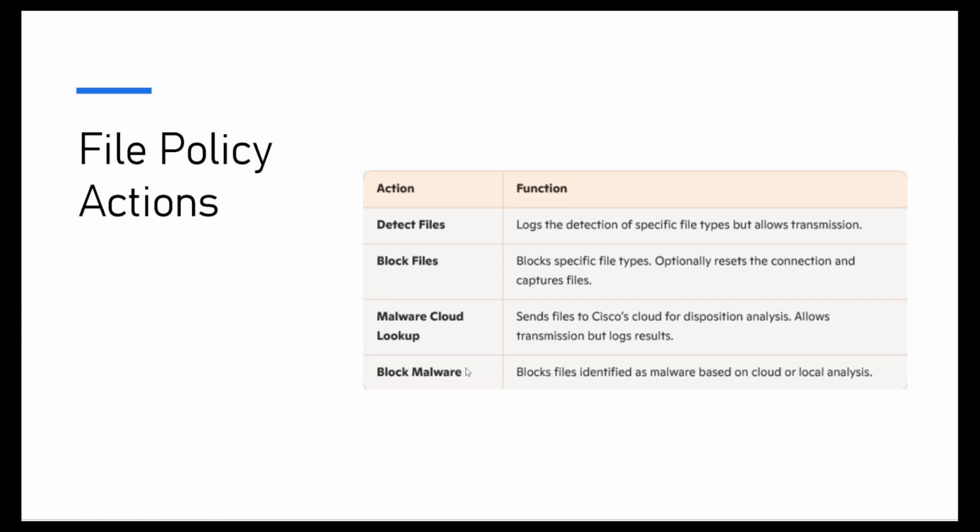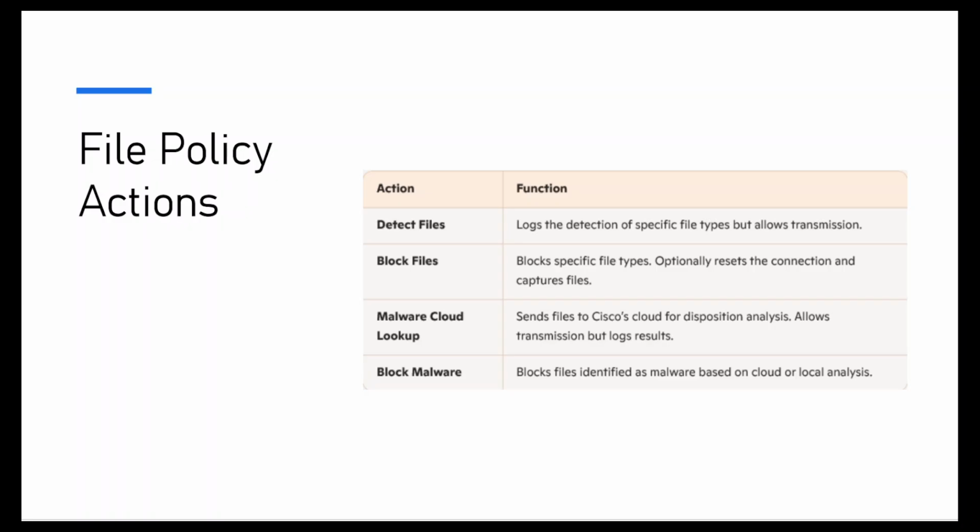Block malware will only block the files when they have malicious code in them, or maybe they are malicious to the system, or their disposition is malicious. So it is very important to know what these four actions do when you are applying a policy to a rule. It depends on what you really want to achieve.